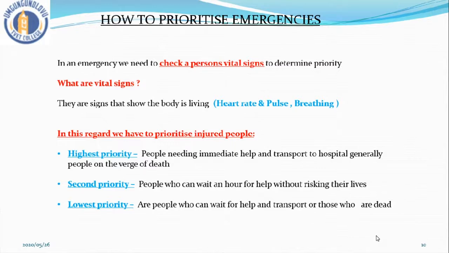When we talk of second priority, it's people who can wait an hour for help without risking their lives. And when we talk about the lowest priority, are people who can wait for help and transport, or those who are already dead.